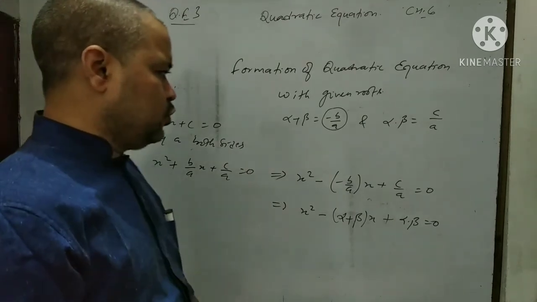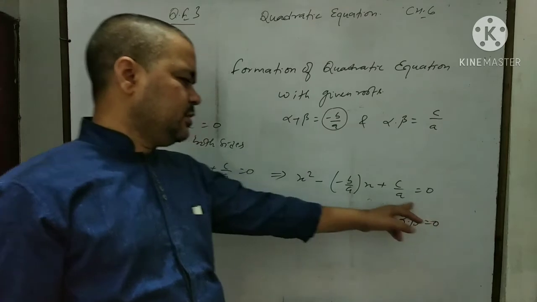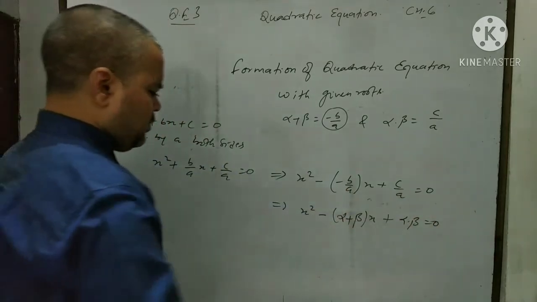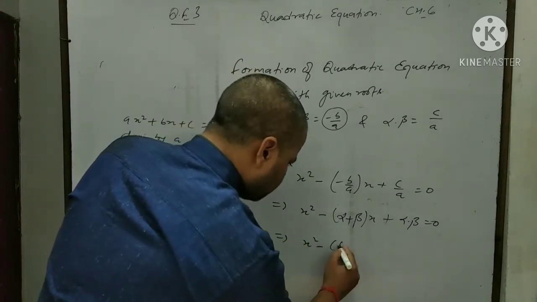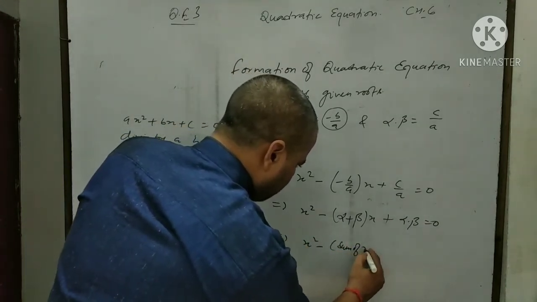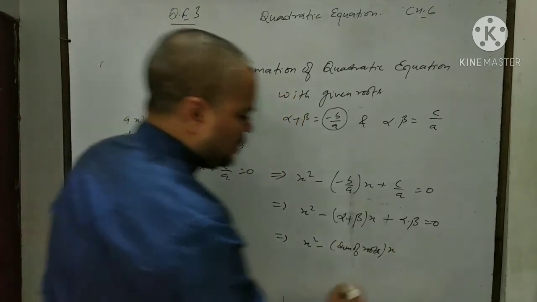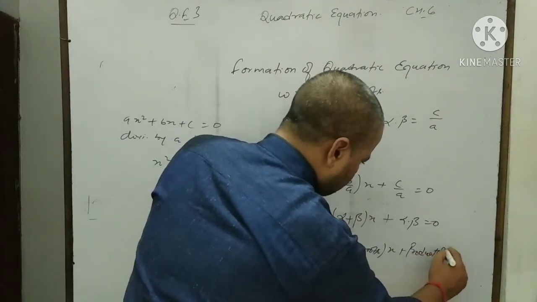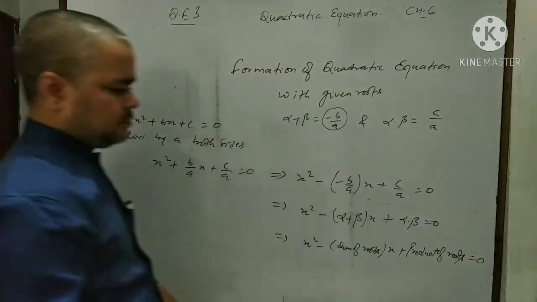Using 2 roots alpha beta, we can make a quadratic equation like this way. Or we write it here: x square minus sum of roots x plus product of roots is equal to 0.